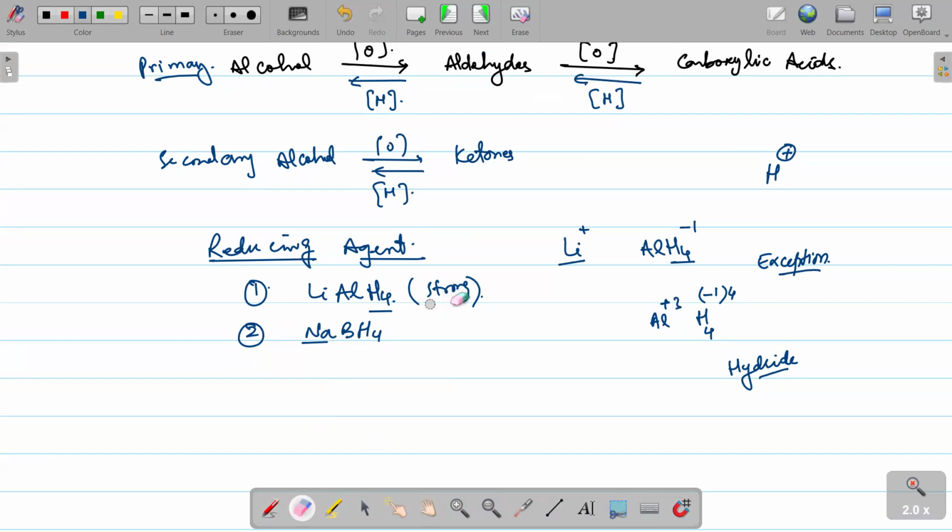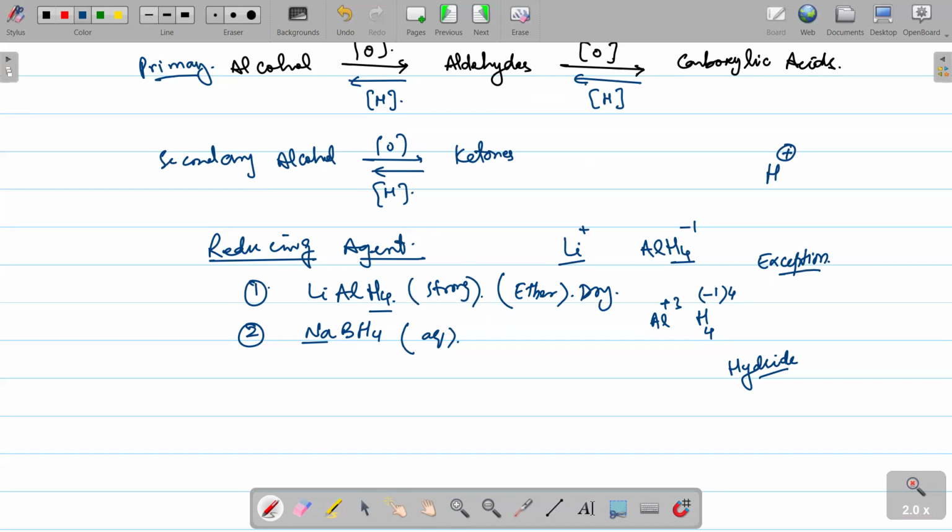And when we compare these two from an exam point of view, remember lithium aluminium hydride is a strong reducing agent. So the conditions for lithium aluminium hydride, or tetrahydroaluminate, are in the presence of ether, meaning dry conditions, no water. But for this one we can use aqueous conditions. Why? Water shouldn't be there because it is a strong reducing agent, so it can even react with water.